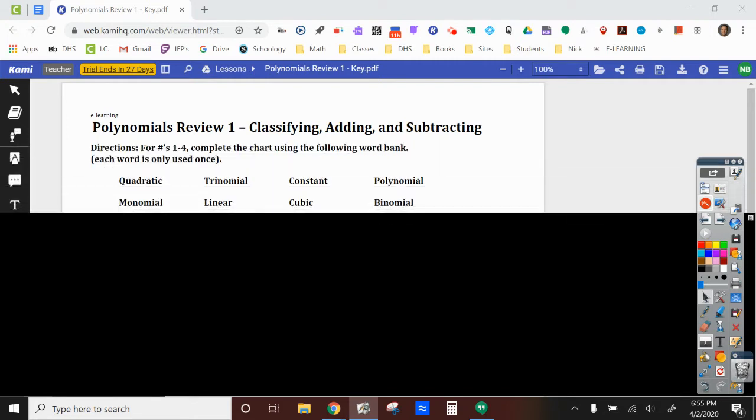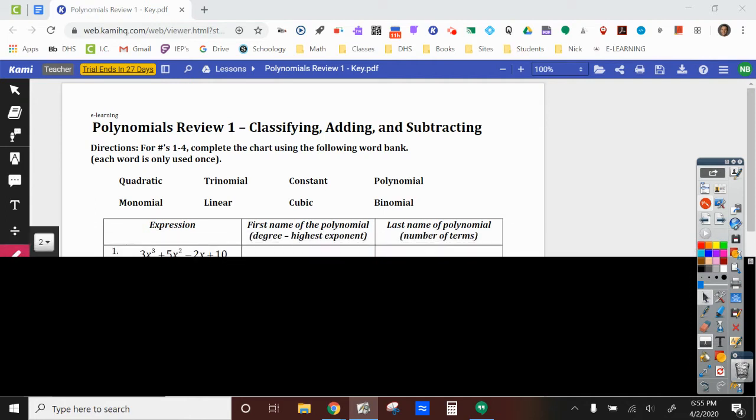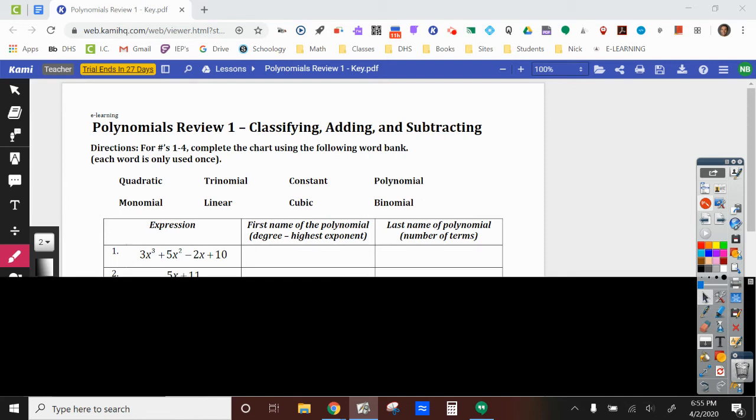For directions for numbers 1 through 4, we're going to complete the chart using the following word bank, and each word is used only once. There are all our different terms that we can use to classify polynomials. On our chart, we have a couple of columns. In that first column is the expression itself.